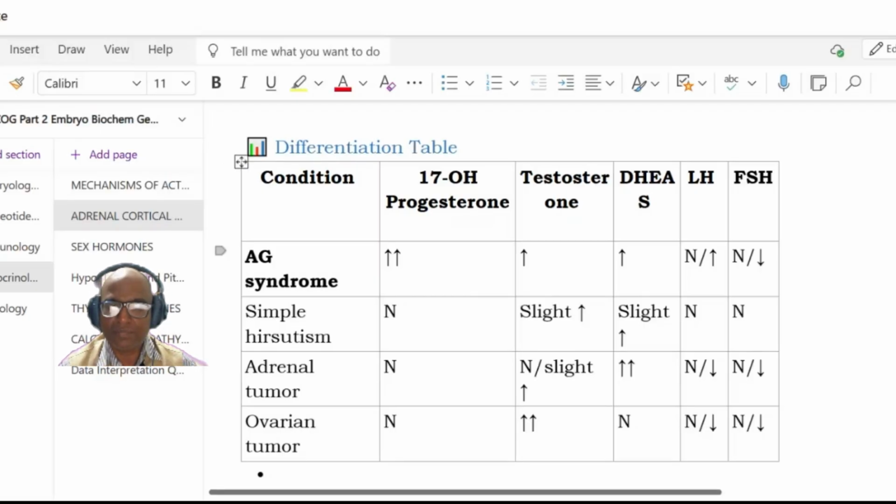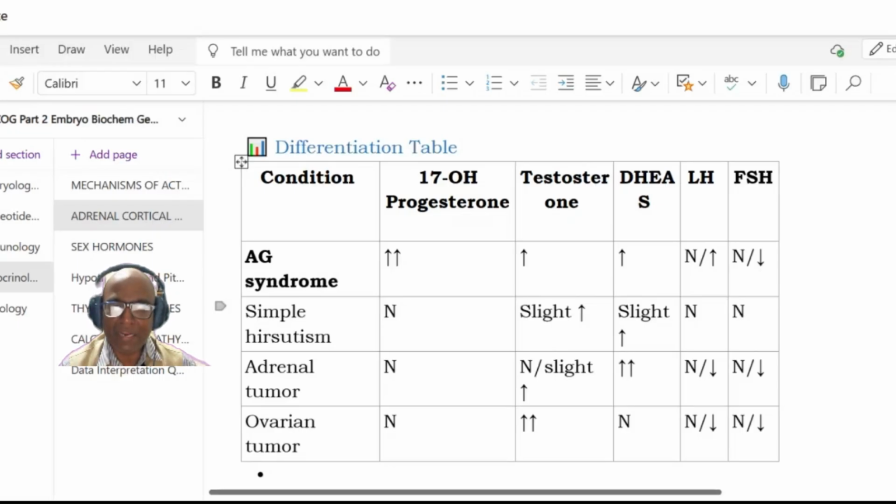17 hydroxyprogesterone levels are high. So in adrenal hyperplasia, 17 hydroxyprogesterone is the marker. Testosterone level will be increased, DHEA levels will be increased. However, LH levels may be normal or increased, FSH levels may be normal or reduced also.